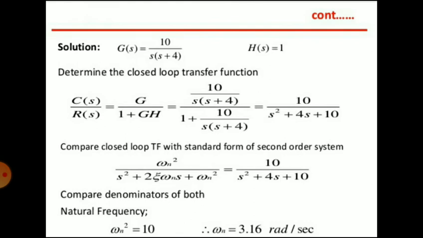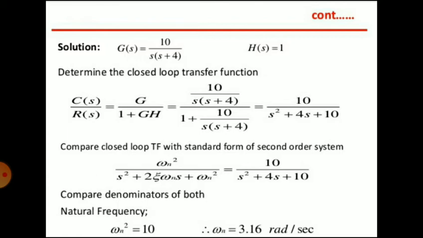First determine the closed loop transfer function C(s) upon R(s). The formula is C(s) upon R(s) equals G(s) upon 1 plus G(s) H(s). Put the values of G(s) and H(s) in the given formula.